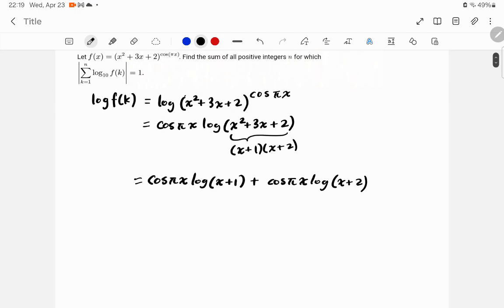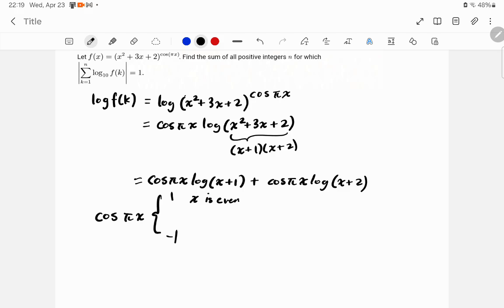Okay. So now that we have this, we need to work out this being evaluated from k equals 1 to n. Okay, so how do we do this? Well, the first thing I can notice immediately is that recall that cosine of pi x can only take two values. It can only take 1 and negative 1. And 1 is when x is, of course, even.